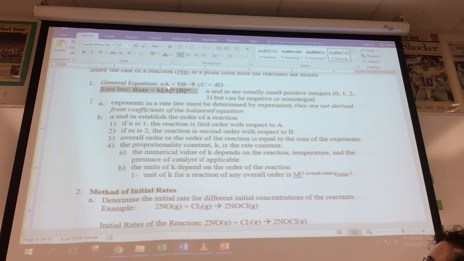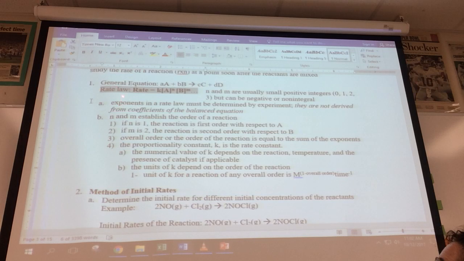Concentration of the first reactant raised to some exponent n, concentration of B raised to some exponent m. n and m are typically 1, 2, 3, 4, but they can be 0, they can be negative, and we've seen some fractions recently. So they can be almost anything. The fractions you wouldn't have to figure out mathematically, you'd figure them out from mechanisms. We'll get there later on.